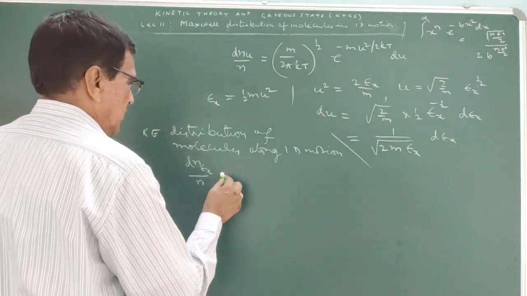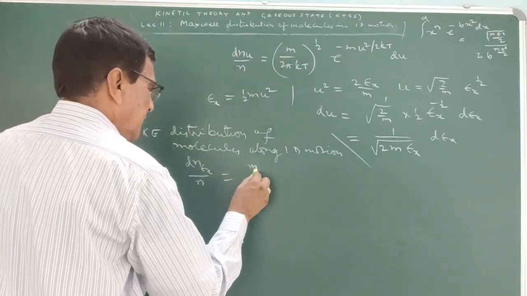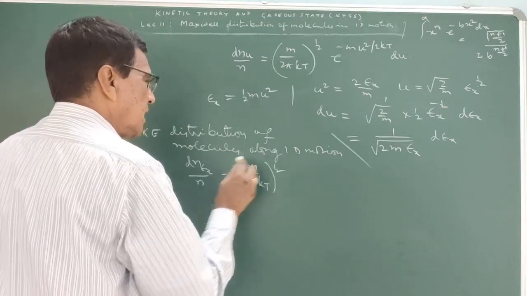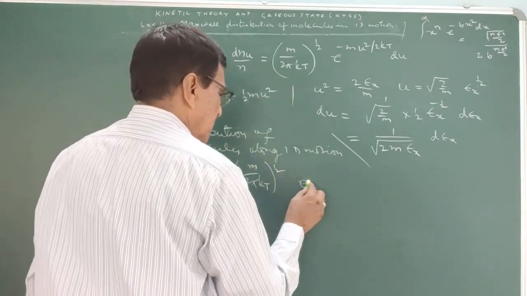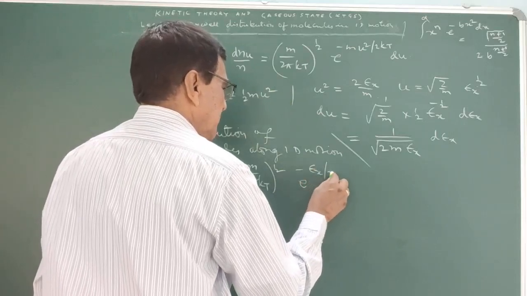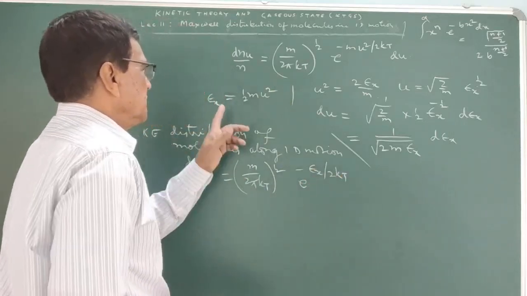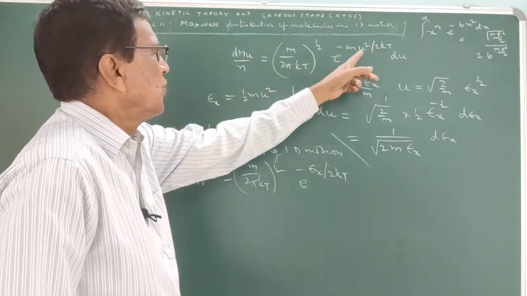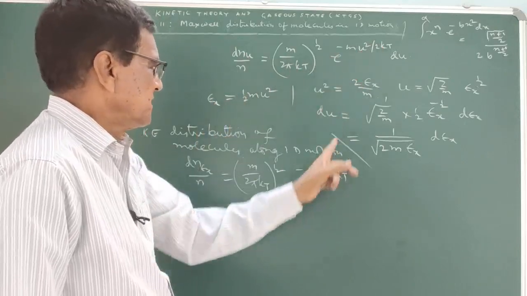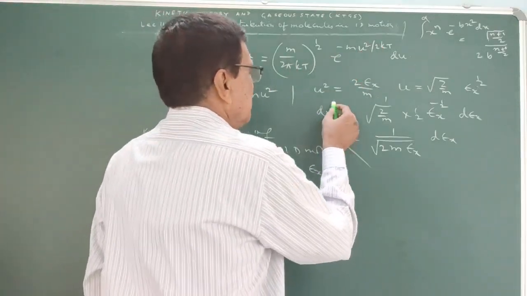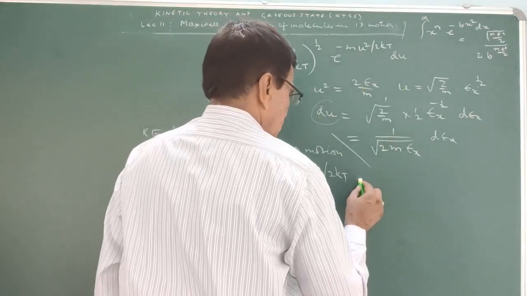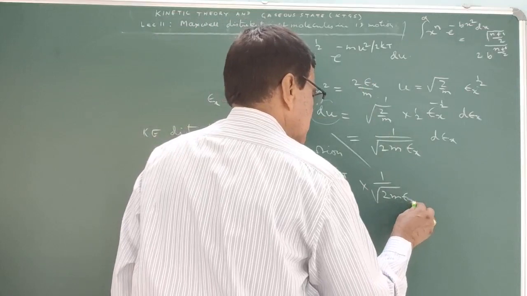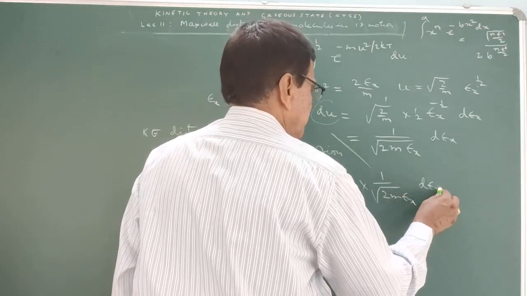And this will be equal to m by twice pi kT to the power half, and here e to the power minus epsilon x by twice kT, from this value half m u square equal to epsilon x by 2 kT, and instead of du we can put here 1 by root over of twice m epsilon x and d epsilon x.